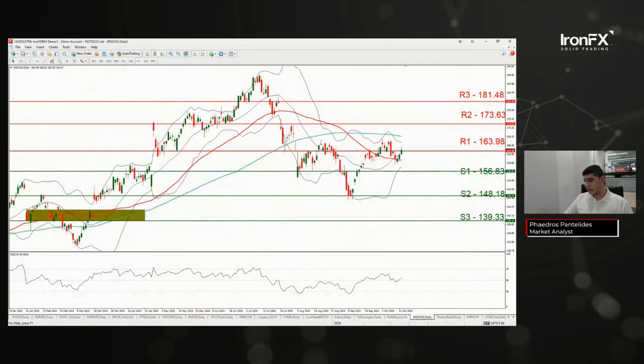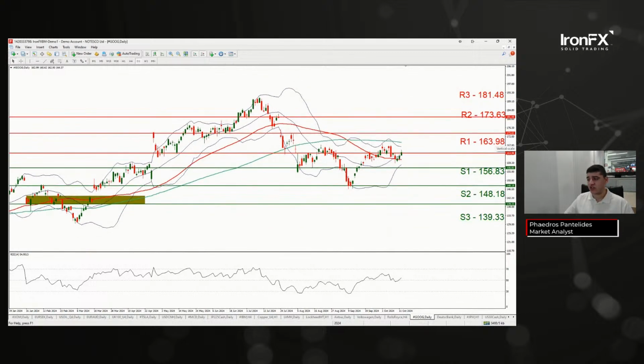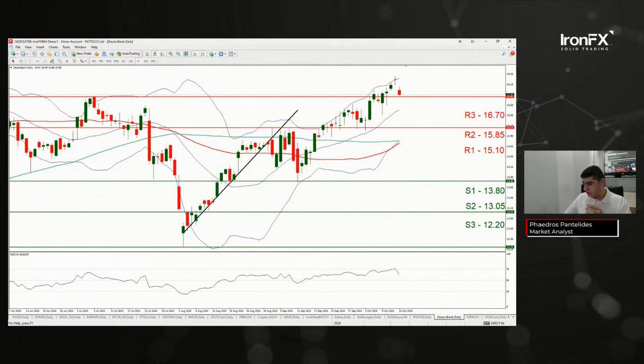Google stock price, not exactly bullish, not exactly bearish, which means a sideways bias between S1 and R1, which could be slightly readjusted just above 163.98. Deutsche Bank, slightly bullish. The sharp decline on the right side is a bit concerning.